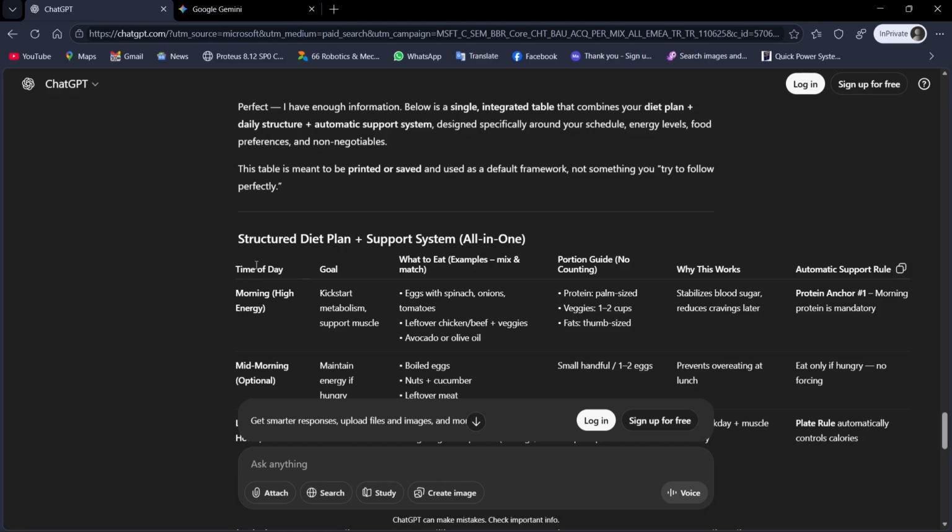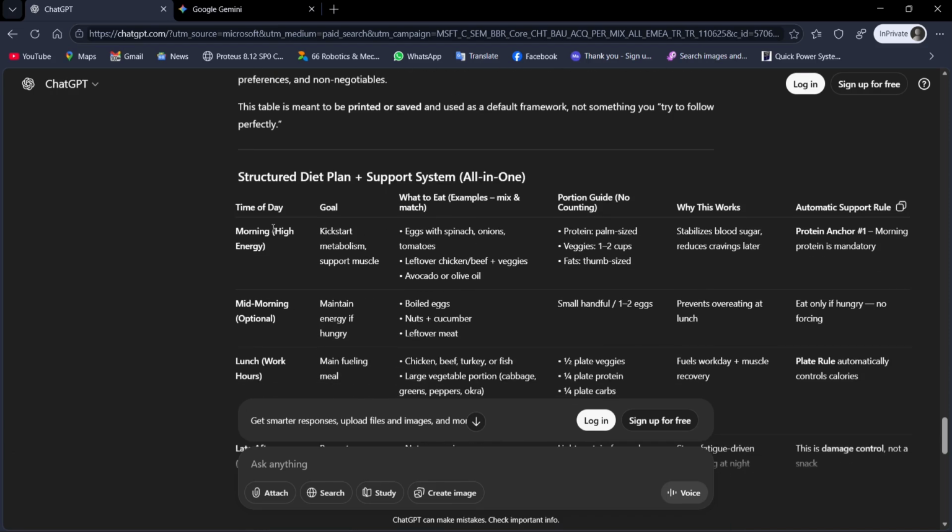ChatGPT gave us a really exhaustive table, in which it well combined the diet plan plus the support system. Right, let's go through the table. Time of the morning: kickstart metabolism plus support muscles. What to eat: mix and match.